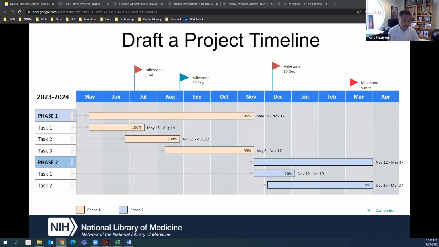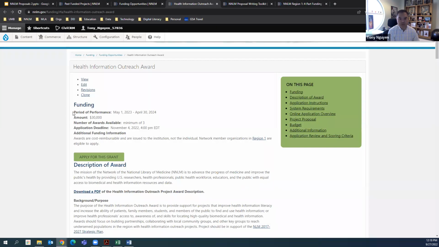So one of the things that I think is really important is to think about your project timeline. You'll see in our project award descriptions here, the period of performance is, we hope, May 1st, 2023 as the start of your project, and it should end by April 30th. And that includes all expenses related to the project, which need to be completed by then so that we have the invoices in time.